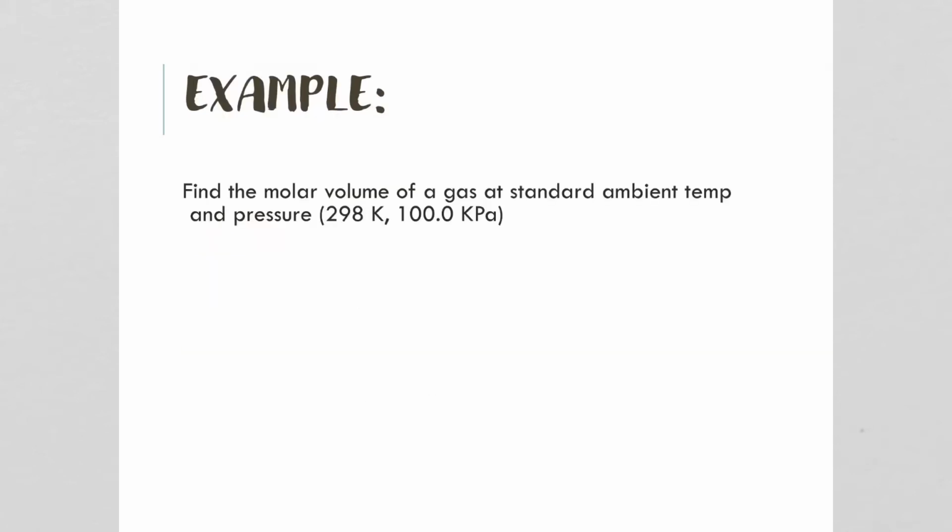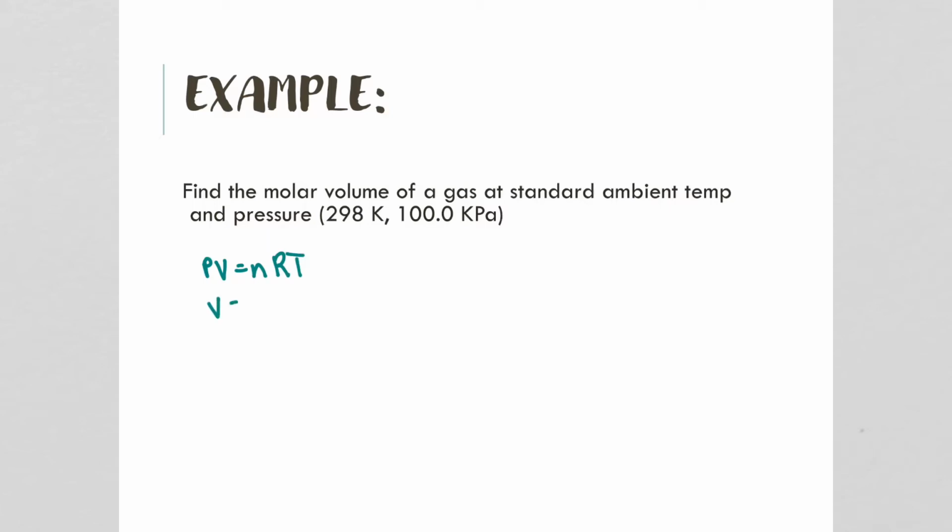So in our first example, we're being asked to find the molar volume of a gas at standard ambient temperature and pressure. So that is 298 Kelvin and 100 kilopascals. So we'll solve for that. We write PV equals nRT, but we need to find volume, so we'll rearrange that.